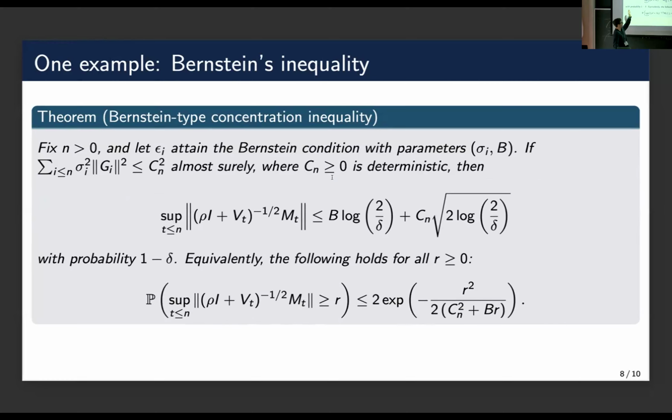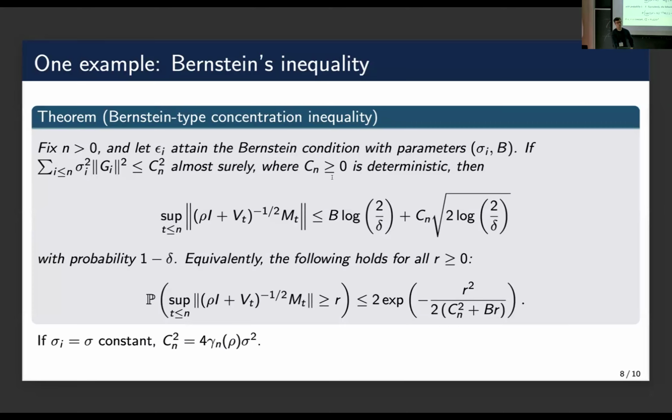So, okay, let me fix the n. This is the ultimate sample size that we care about. And let's assume that epsilon_i attains the Bernstein condition. If we have a constant C_n squared that upper bounds the sum of the products of sigma_i squared and the square of the norm of the g_i's, then we get this maximal Bernstein type inequality for the self-normalized process.